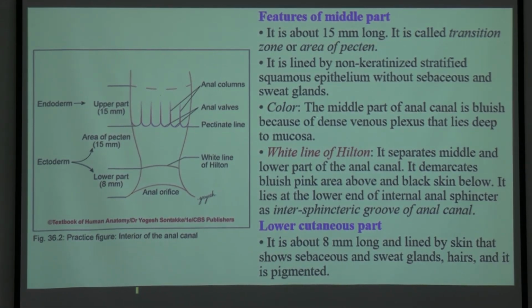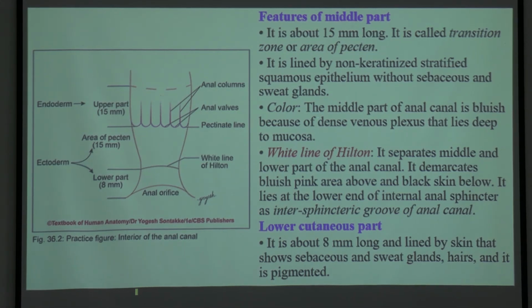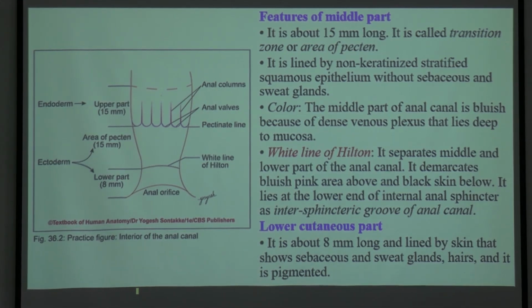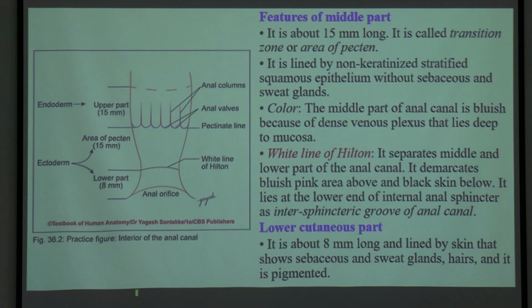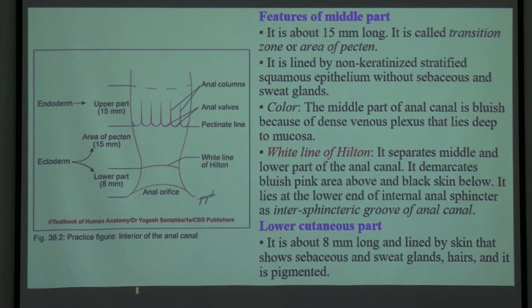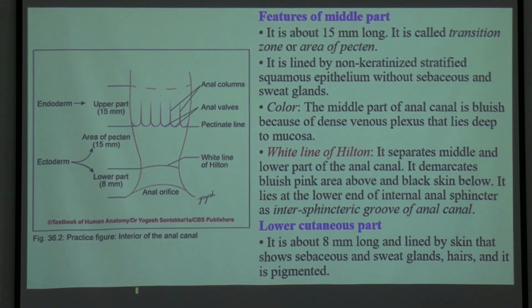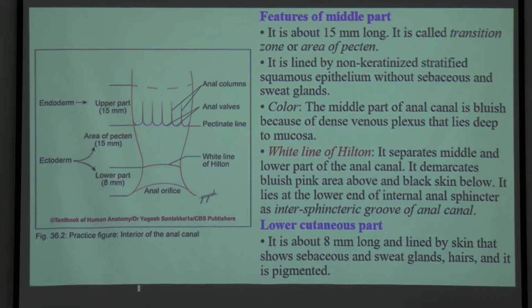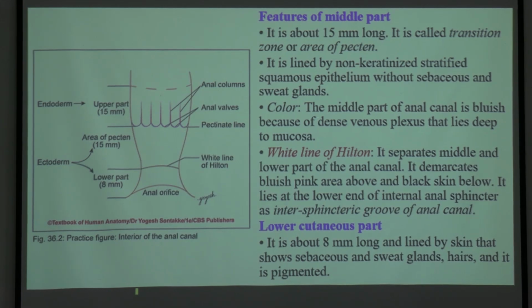Anal fistula and anal fissure are two separate things. What is fissure? When the valves get torn. And there the patient cannot hold the stool properly. There is again anal incontinence.